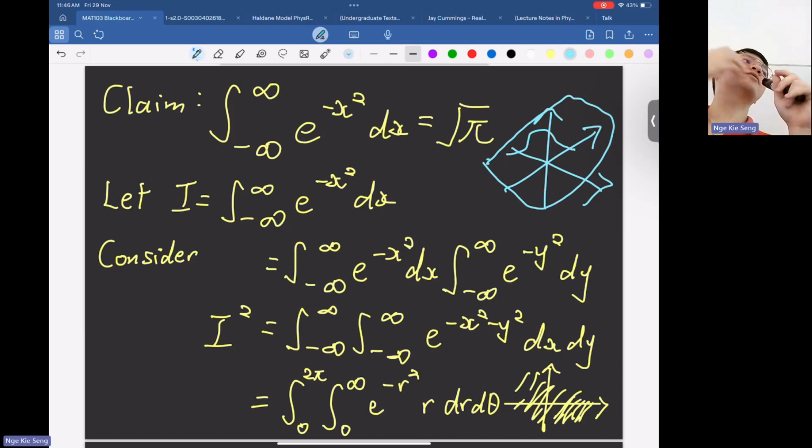By the way, I saw something in your test. You use "decrease fast" to compute limits. Is that allowed in calculus one? There's a limit for quotient, right? Limit for numerator and denominator.